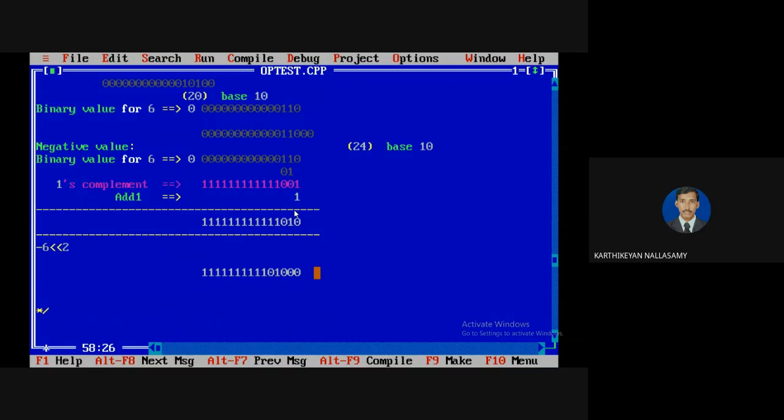If I'm going to find the decimal value, here the sign indicates that it is a negative number, so we need to find the 2's complement. First we need to find the 1's complement for this value.